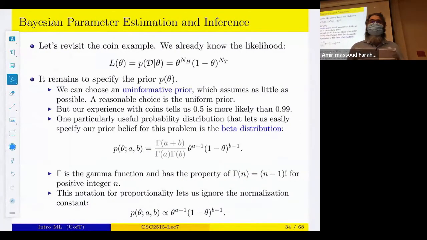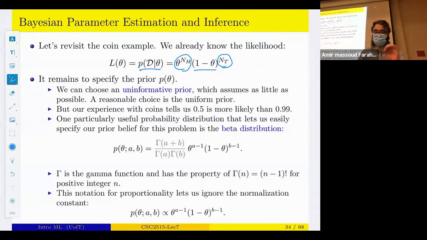Okay, so let's talk about our coin example. We know the likelihood function. The likelihood function was the probability of data conditioned on some theta. So it would be theta to the power of the number of heads times 1 minus theta to the power of the number of tails. This is easy.